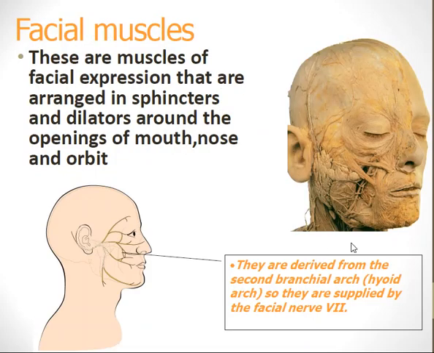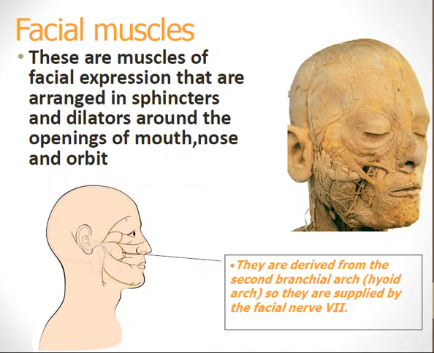The important part of the anatomy of the face is the muscles, which form the main architecture of the function of the face and even the facial expression as well. These muscles in the face are arranged around the openings of the face we mentioned just before, like the opening of the mouth, the nose, and even the orbits.